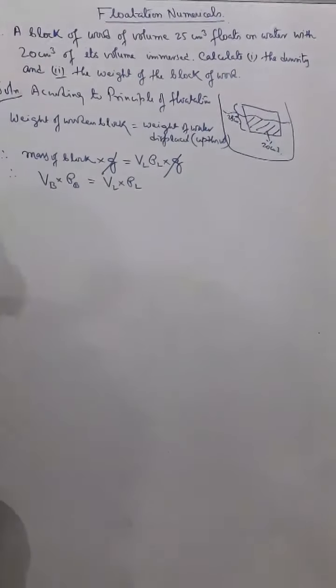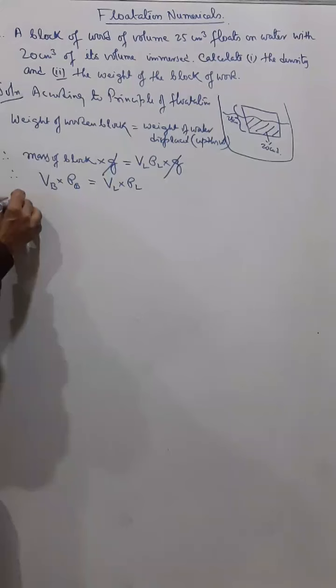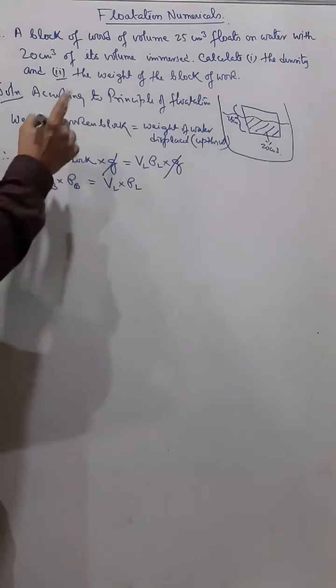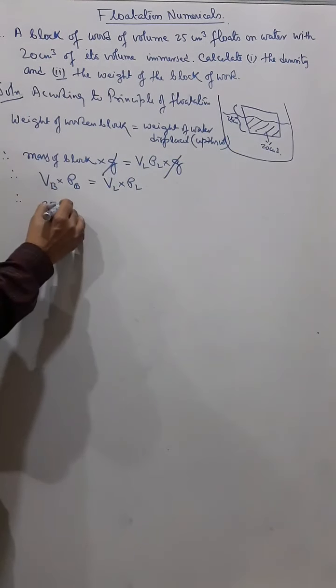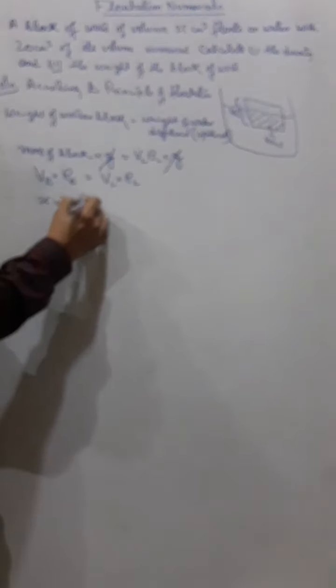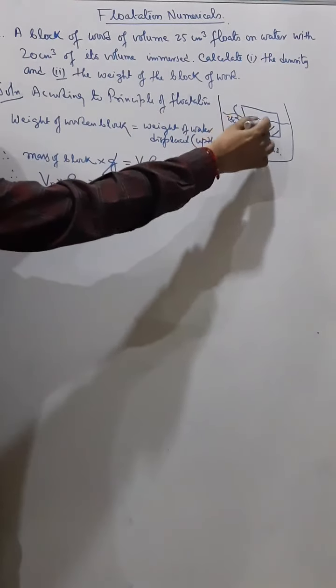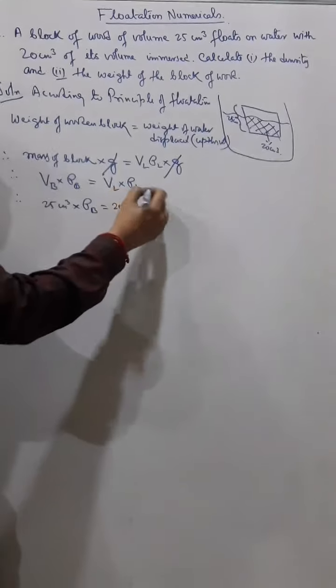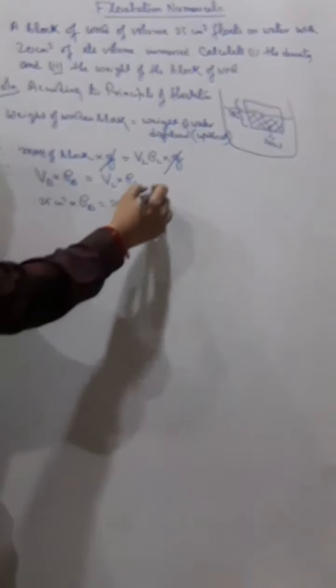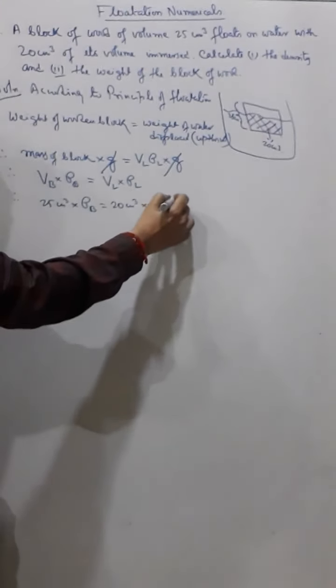First, the density of the block. Now volume of the full block is given, 25 centimeter cube. Density of the block I have to find. Volume of the liquid displaced means this immersed part, and that is 20 centimeter cube, and density of liquid here is, it is water, and you know water is 1 gram per centimeter cube.